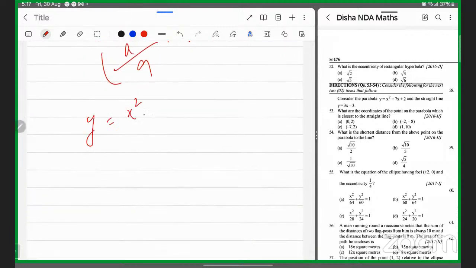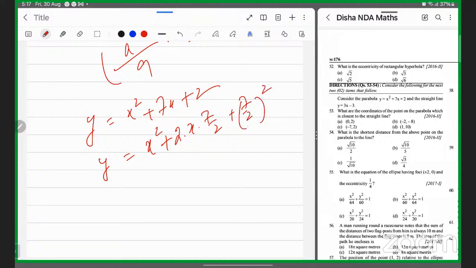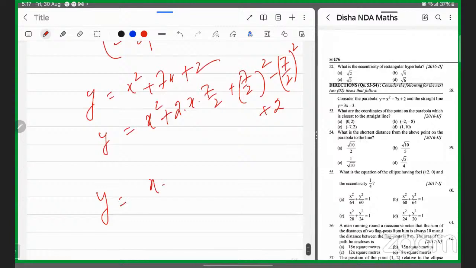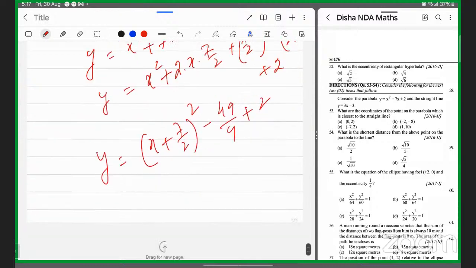Now we'll find a according to the parabola equation. y equal to x square plus 7x plus 2. I'll complete the square. So x square plus 2 times x times 7 by 2. I will add 7 by 2 square and subtract 7 by 2 square. Any problem? 2 is already present. x plus 7 by 2 whole square minus 49 by 4 plus 2. Any problem?